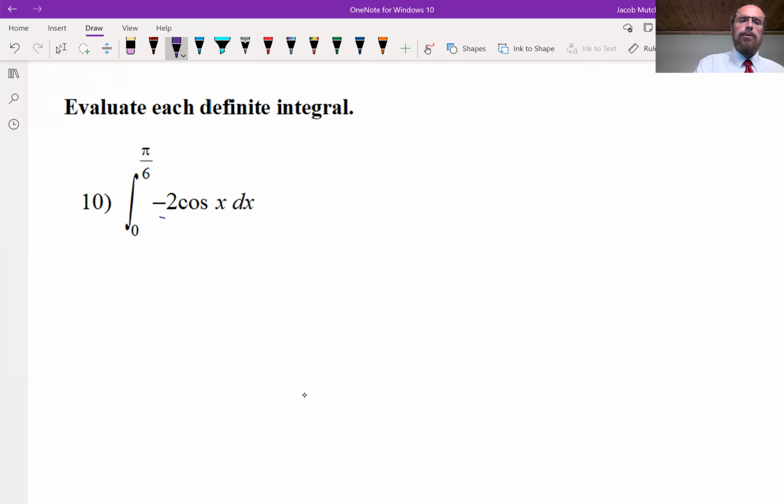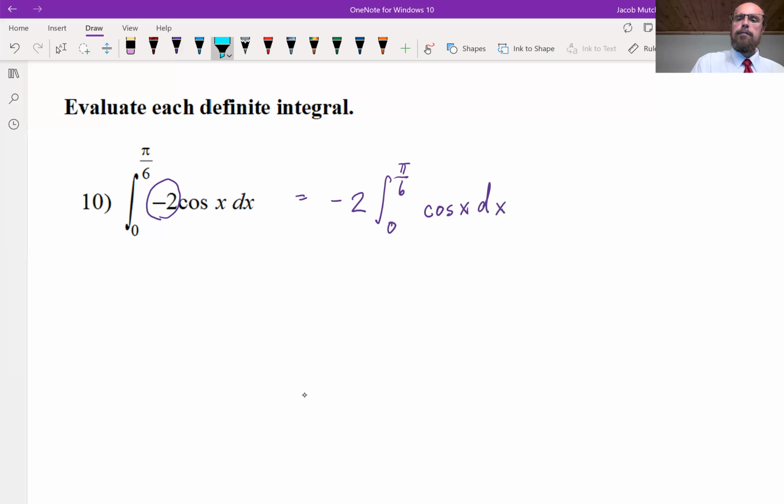So we're getting used to bringing these coefficients outside of the integration. We'll do so here as well. So -2 is going to pass to the left, times the definite integral from 0 to pi over 6 of simply cosine x dx.